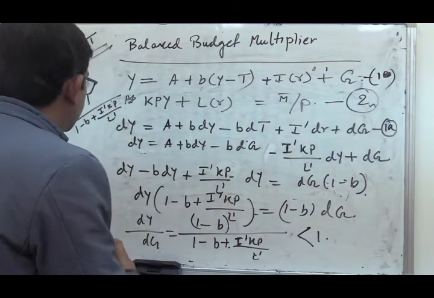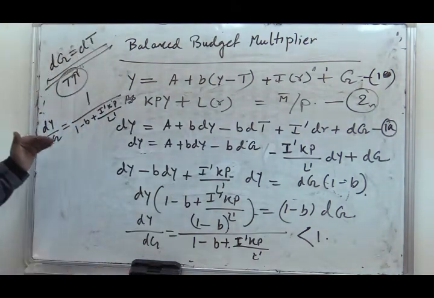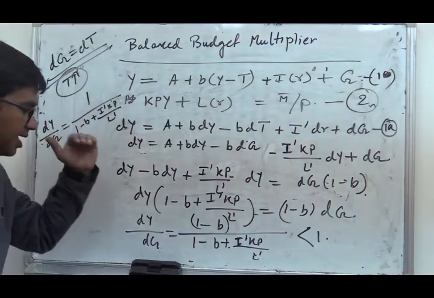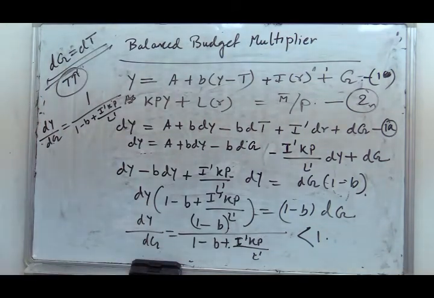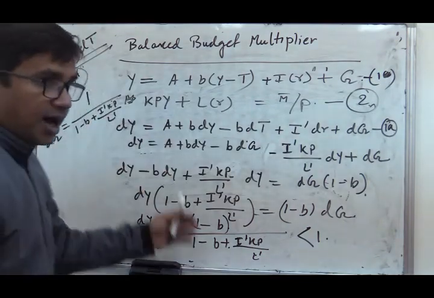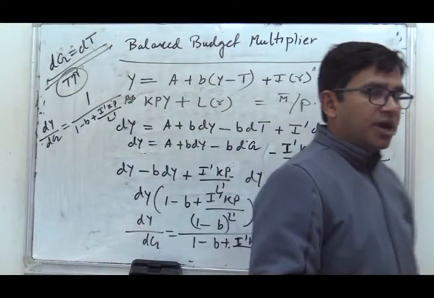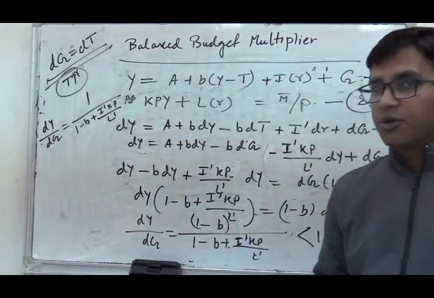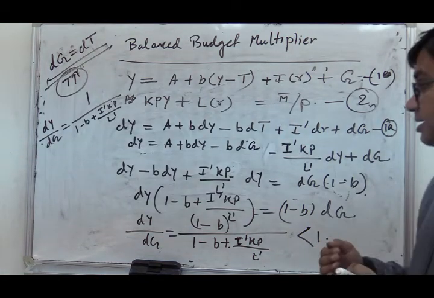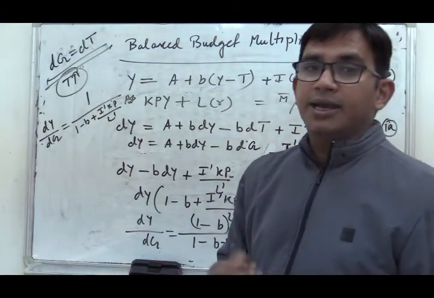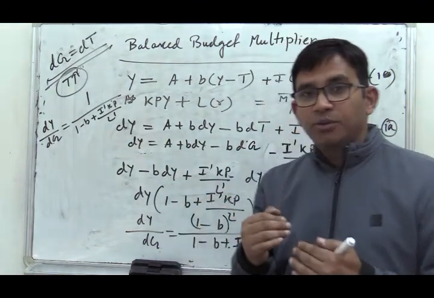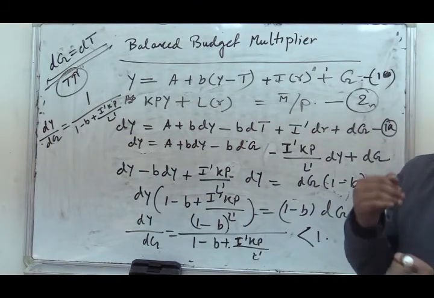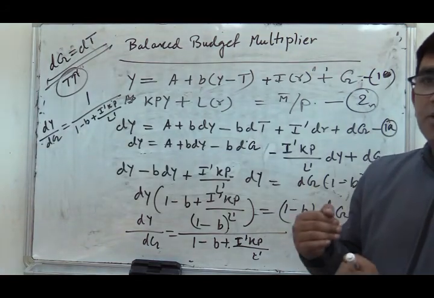That makes the difference between the normal government expenditure multiplier and the balanced budget multiplier in the ISLM model. So whether it is the simple Keynesian model or the ISLM model, in both cases the value of the public expenditure multiplier will be more than the value of the balanced budget multiplier.